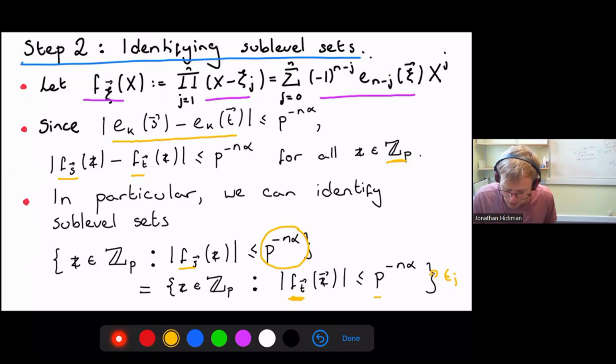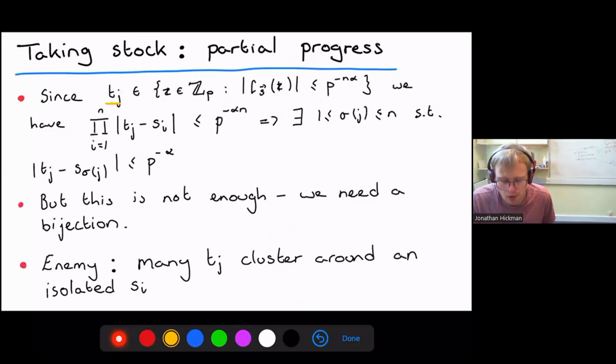So because the sublevel sets are identical, we know that the t_j's must lie in the sublevel sets of the f_s, okay? So we can just unwrap the definition, and this means if we evaluate f_s at t_j, then the polynomial is less than p to the minus n alpha in absolute value.